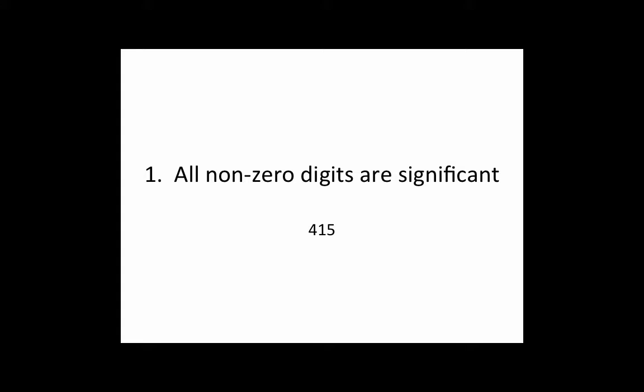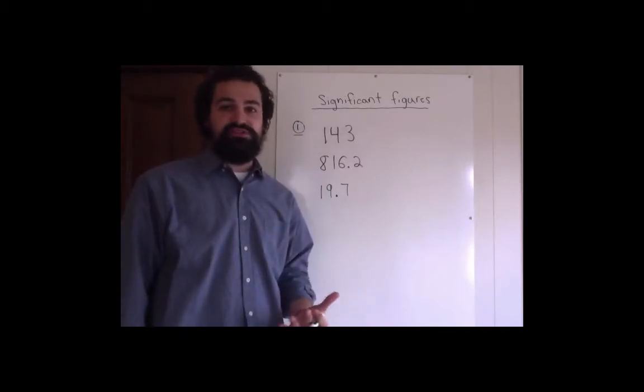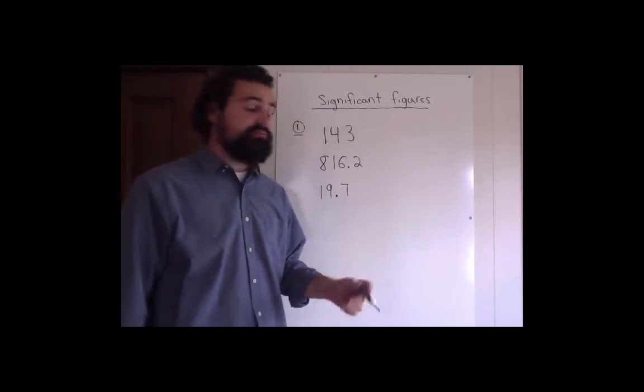Rule number 1, all non-zero numbers are always significant. So for example, 143, we're trying to figure out how many of these are important or significant.